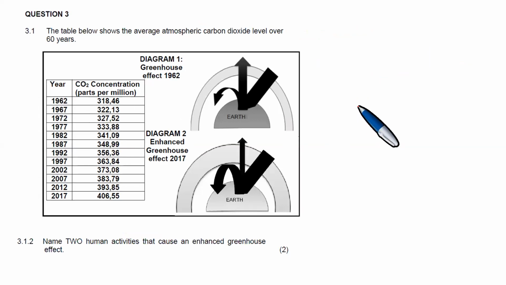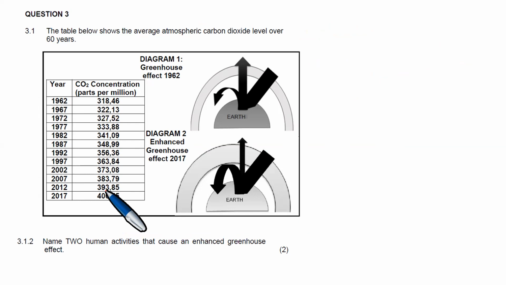Next question. Obviously, you can see that you have lots of emissions of carbon dioxide gas, and the concentrations of carbon dioxide in the atmosphere continue to increase in parts per million. Okay, so we are good.